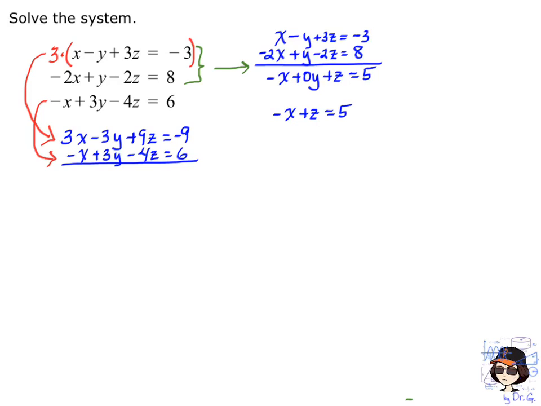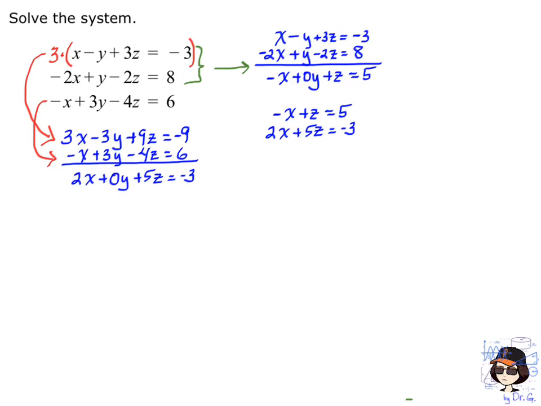If we add them together, 3x minus x is 2x, negative 3y plus 3y is 0y, and 9z minus 4z is 5z, and negative 9 plus 6 is negative 3. So we got rid of the y variable, which is exactly what we needed to do. Now let's rewrite that equation below the other equation that we just found: 2x plus 5z equals negative 3.